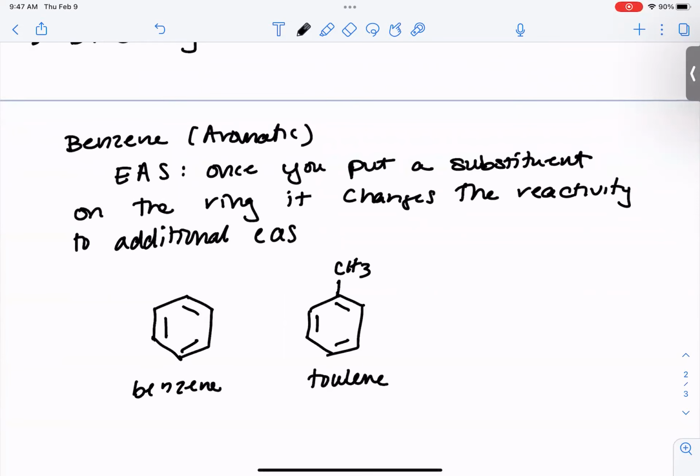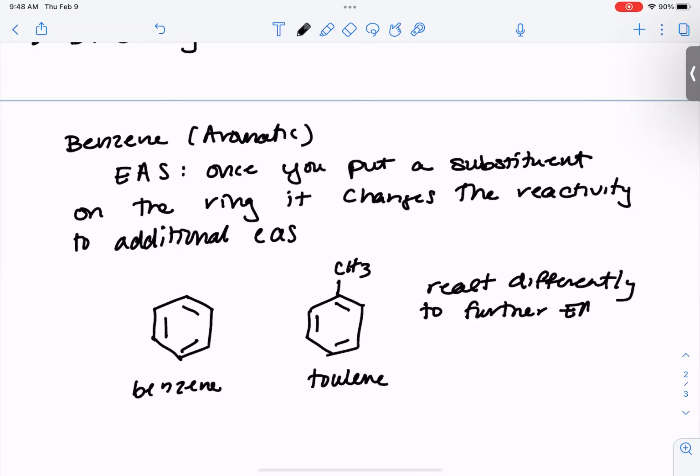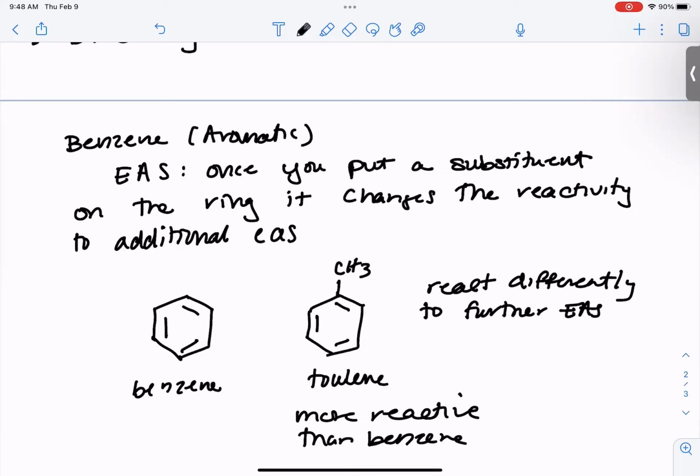These two molecules have different levels of reactivity to electrophilic aromatic substitution. Toluene is actually going to be more reactive than benzene. And the reason for this is the nature of that methyl group.